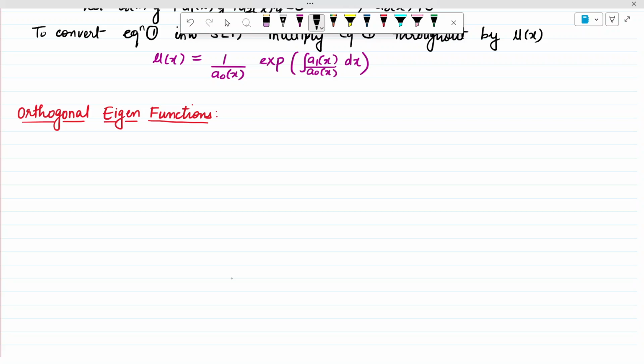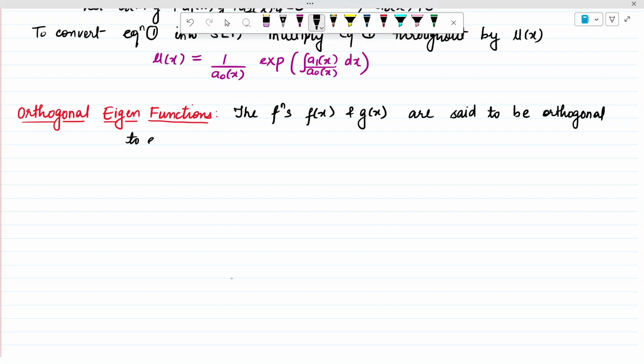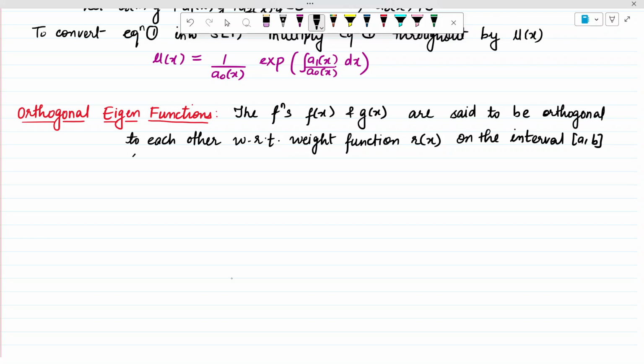So we'll first look at the general definition. The functions, say f of x and g of x, are said to be orthogonal to each other with respect to the weight function r of x on the interval a comma b if the integral from a to b of r of x into f of x into g of x with respect to dx turns out to be 0.